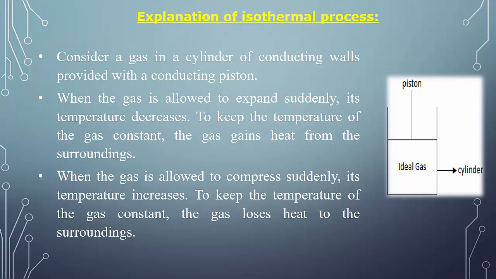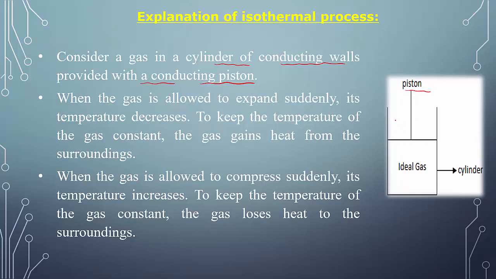Explanation of isothermal process. Let us consider a gas in a cylinder of conducting walls provided with a conducting piston. You can observe this diagram. I am going to consider a cylinder. This cylinder is enclosed by a piston.